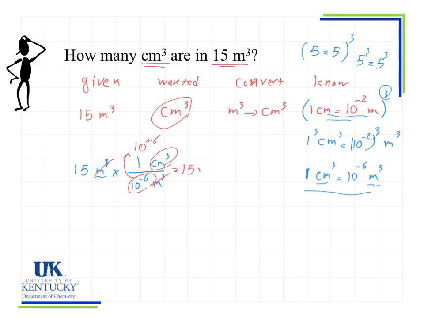It's 15 times 10 to 6 cubic centimeter, or 1.5 times 10 to 7 cubic centimeter. And we started with 2 sig figs, we end up with 2 sig figs, so that's the right answer, okay?